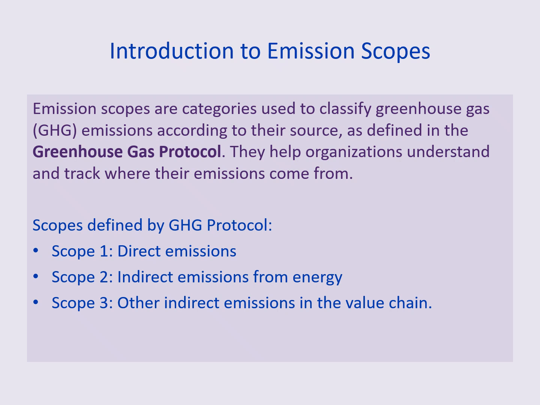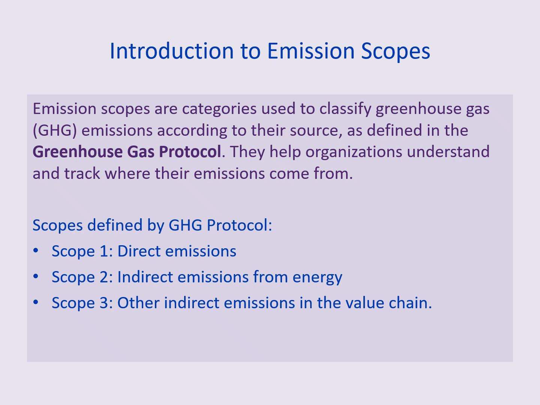Scope 1 is direct emission. We have a video on direct emission also. Scope 2 is indirect emission from energy. Scope 2 is specifically only for energy consumption, that is electricity, heating, cooling, all those things come under this category, purchased electricity. Scope 3 is other indirect emissions in the value chain, either upstream or downstream. The product needs to be manufactured, so there are many processes in upstream, and that comes under scope 3.